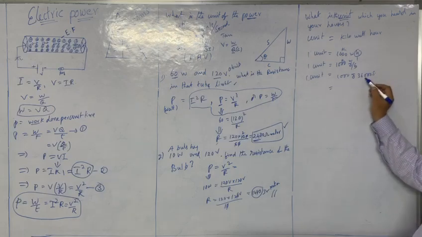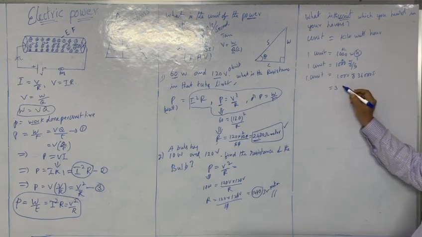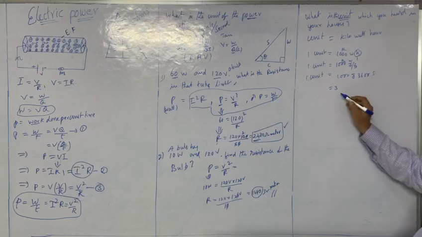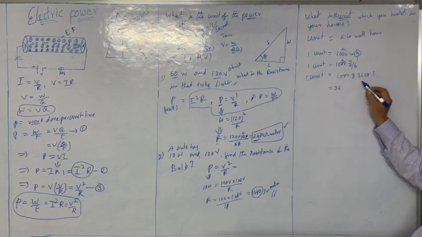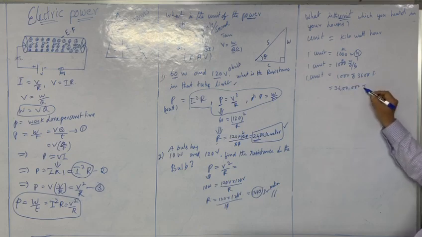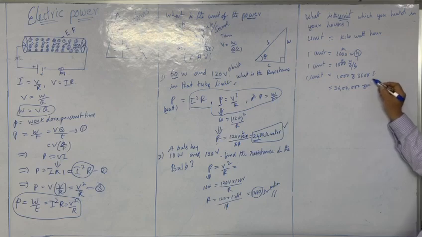This is 1000 into 3600 seconds. Seconds are changed into this unit, joules.